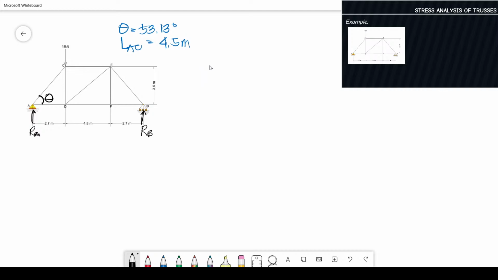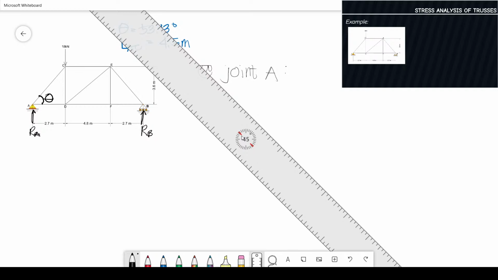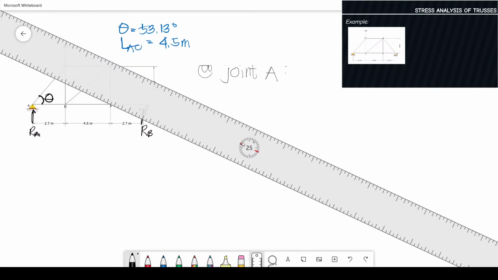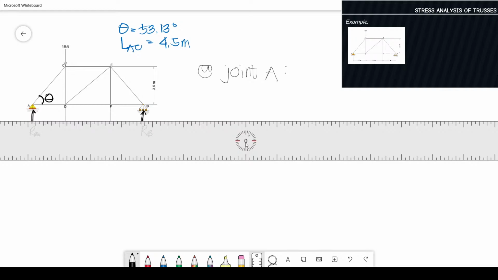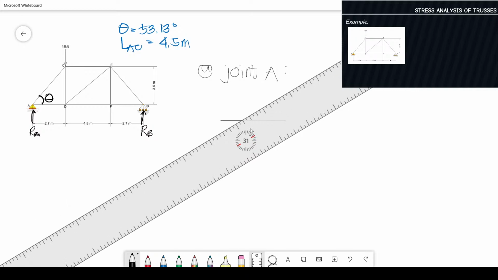So I usually put at joint A. Then, that is 53.13.